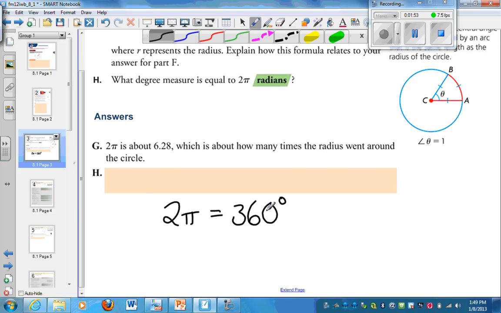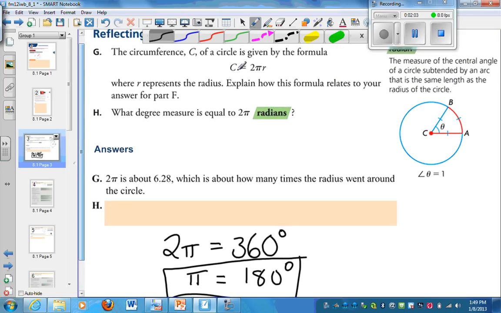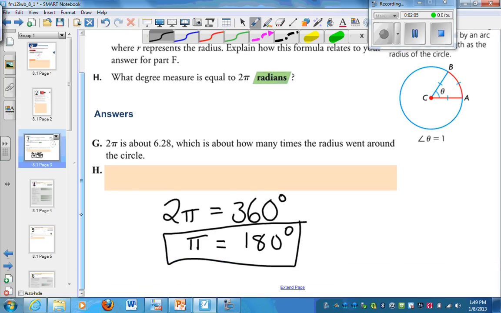So if we divide both sides by 2, pi is again equal to 180. So there we go again, another way using the formula for a circle. The circumference of the circle is 2 pi r. Well, all the way around a circle is 360 degrees. I said the radius was 1. So I have also found that pi radians is equal to 180 degrees. So another way to do that.